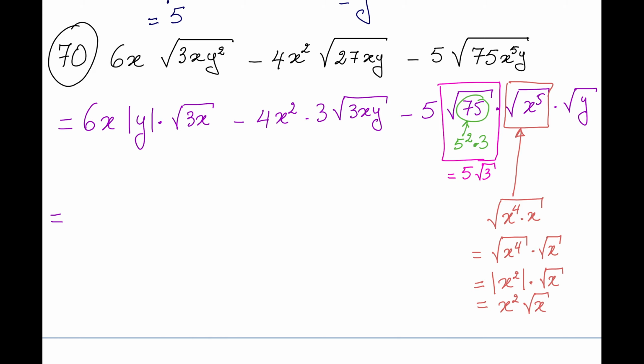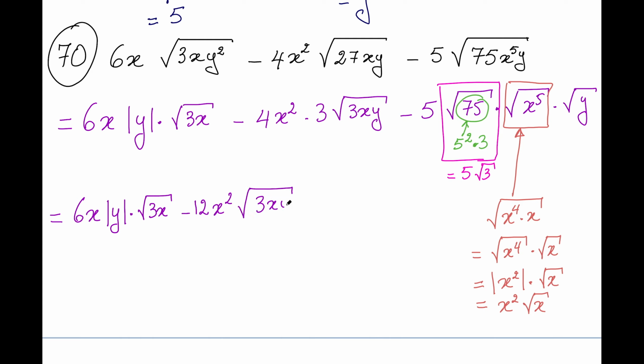So we get here a 6x absolute value of y times the square root of 3x minus 4x squared. Well, I can multiply here the 4 and the 3. 4 times 3 is 12, x squared times the square root of 3xy, minus the last part.